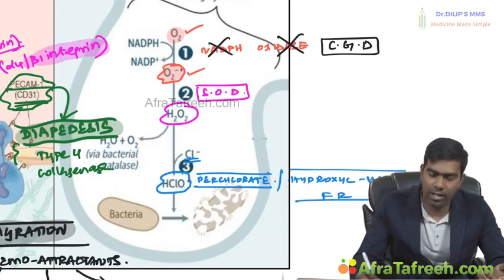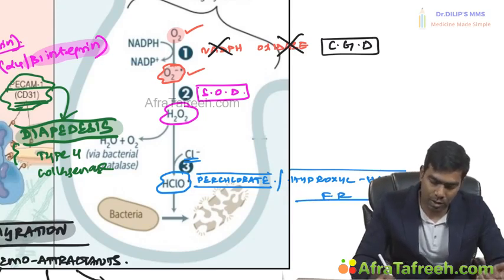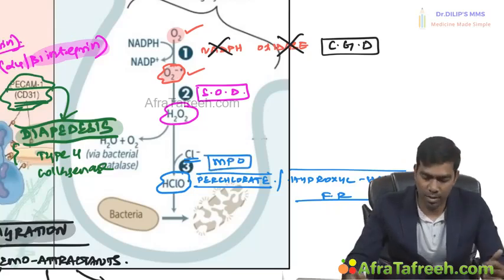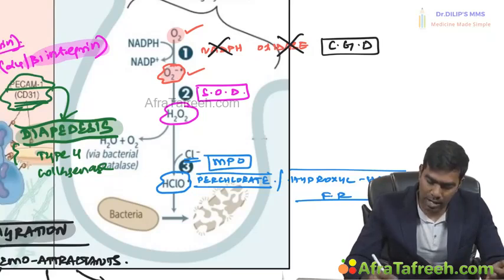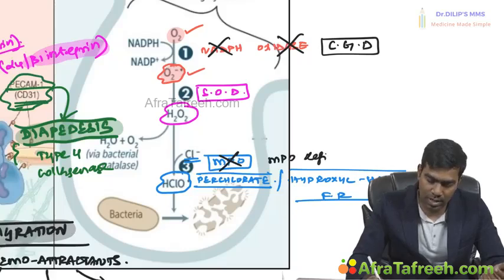For this you need a very important enzyme that is called myeloperoxidase, MPO. This is also a neutrophilic enzyme. And you can have a lot of problems, like myeloperoxidase deficiency in the patient.